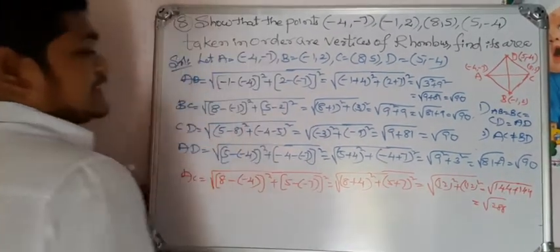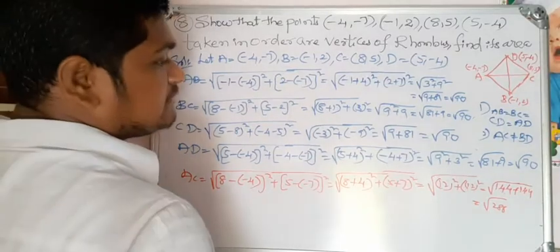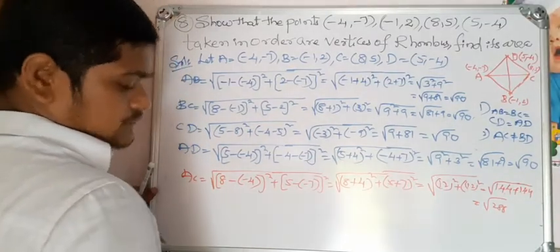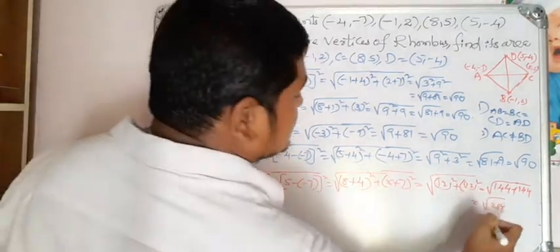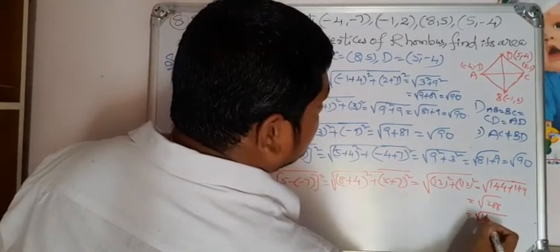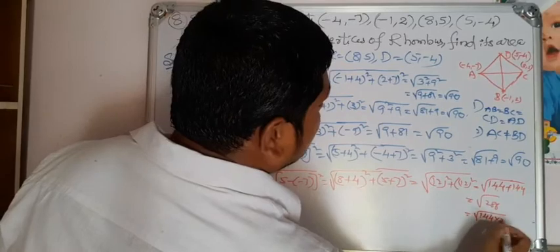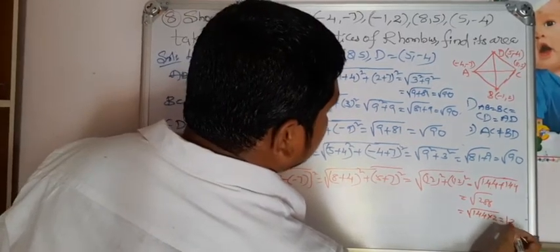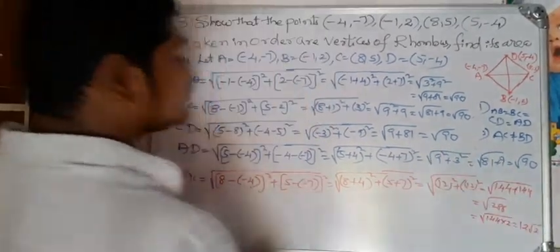Let us simplify. This one is 144 into 2. But the square root of 144 is 12, so I will write this as 12 root 2.